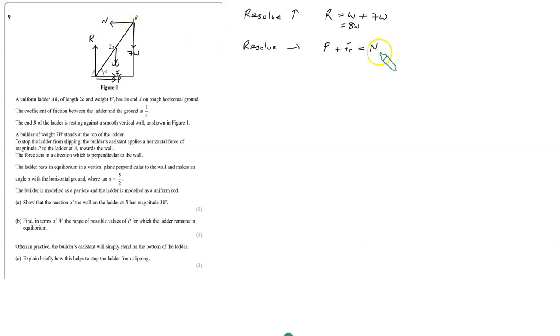The left force is N. So let's substitute in mu R for friction. We've been given that the coefficient of friction is 1/4, and R we found already to be 8W. So we have an equation for N: N is P plus 2W.